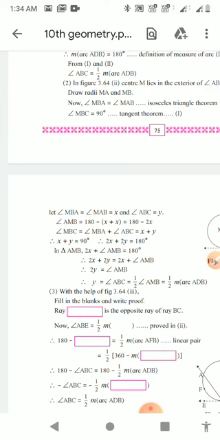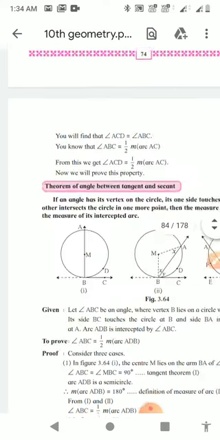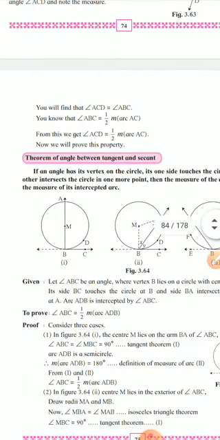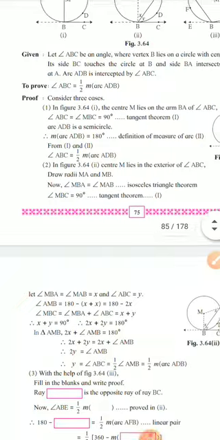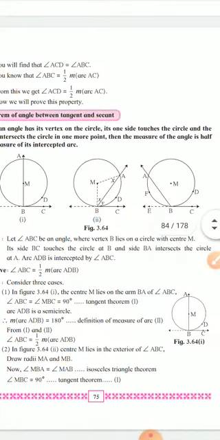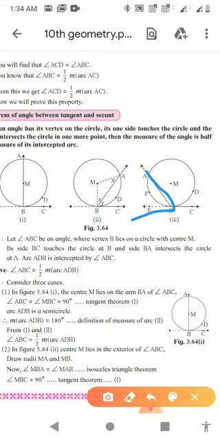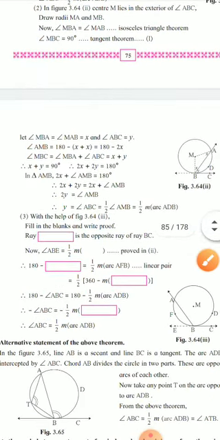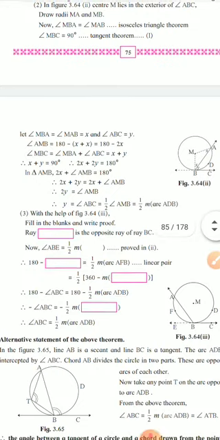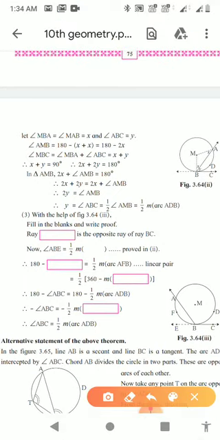The second box contains: angle ABE is half of the measurement of arc AFB, isn't it? Because this angle ABE is half of this arc. So I can write angle ABE equal to half the measurement of arc AFB.